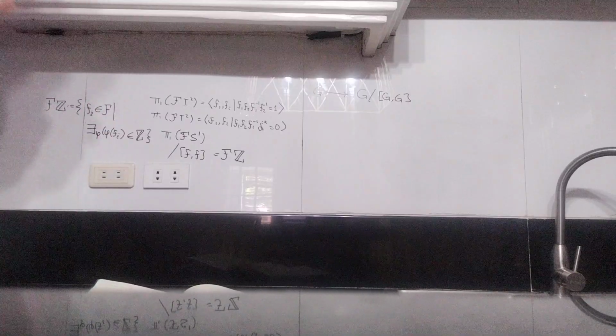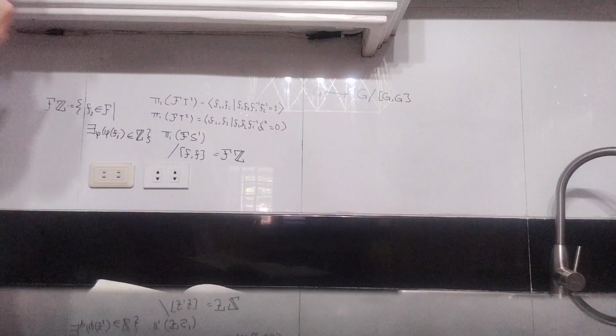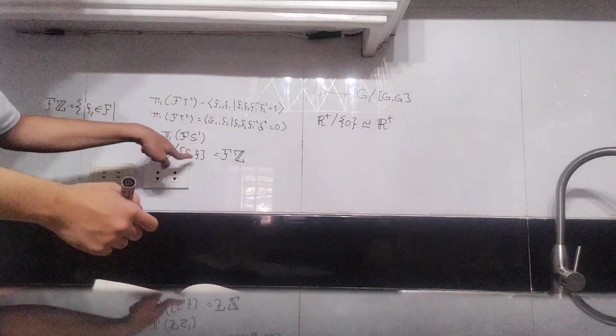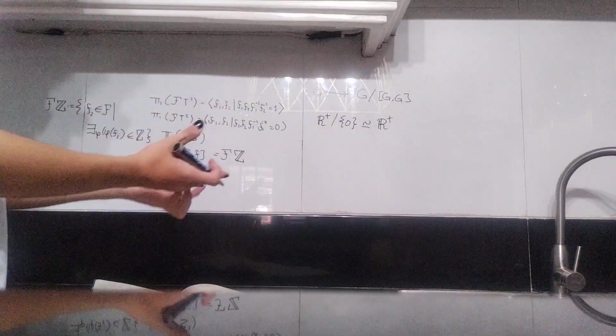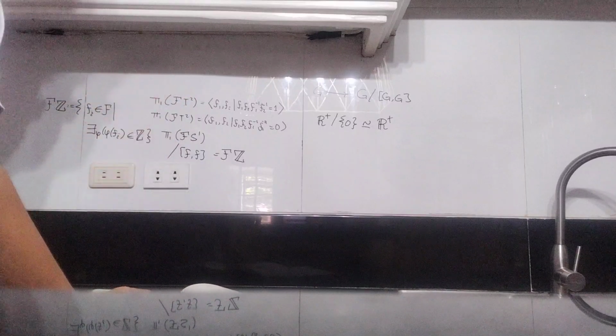Because remember that if you mod a certain structure out by a point, it just gives us that structure. So if I mod out R plus by, say, 0, it still gives us something that's isomorphic to R plus. Okay? Likewise, this commutator gives us a singular identity element.